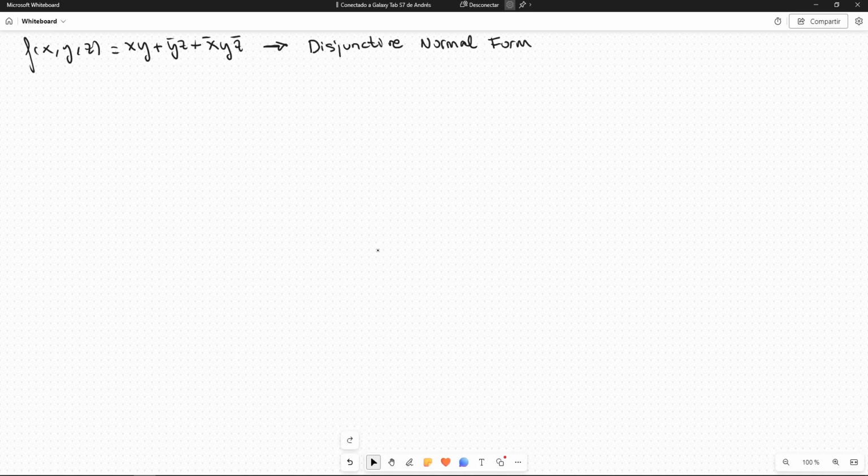So we are going to use the Shannon expansion theorem applied to this function. We start with x, the first variable. We can extract the x and place a 1 in its place, and x negated and a 0 in its place.